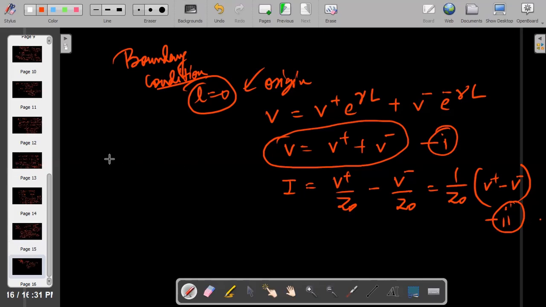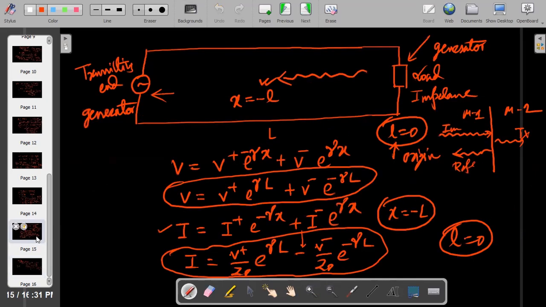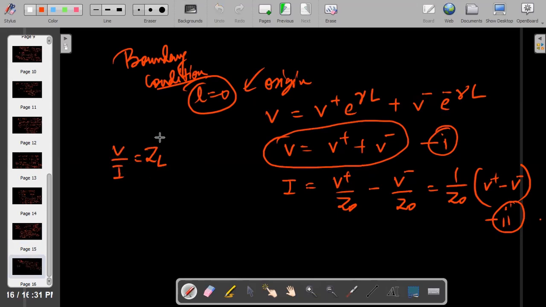Now you divide V by I. This is called ZL. Why ZL? V by I is nothing but your resistance only. We are representing by Z. But why ZL? Because L equals to 0. What resistance is there? ZL only. Load resistance. So that's why V by I is nothing but your load impedance, we can write, not resistance.